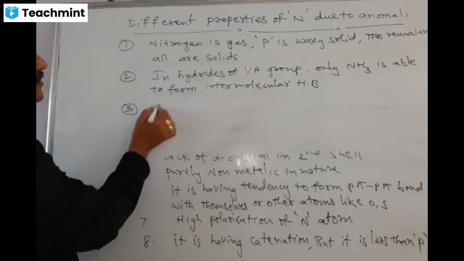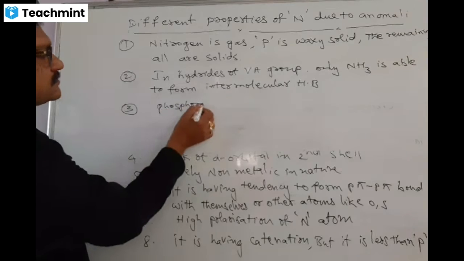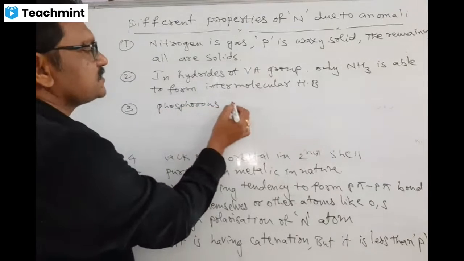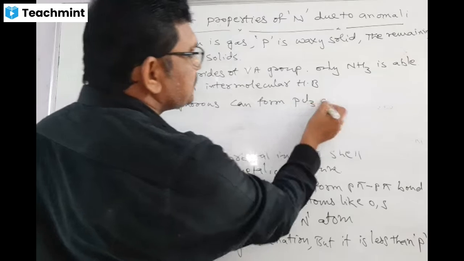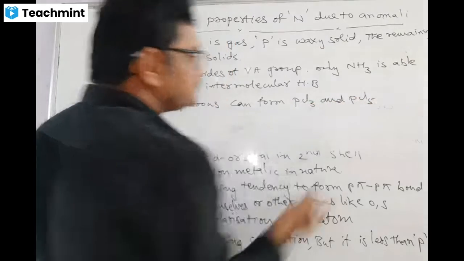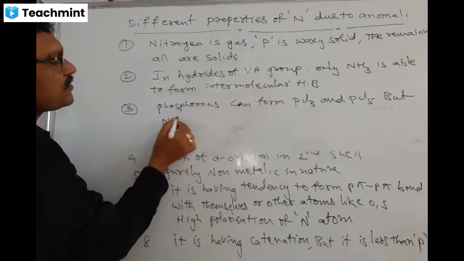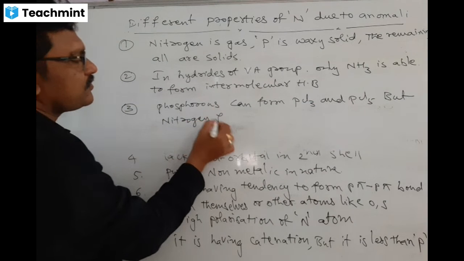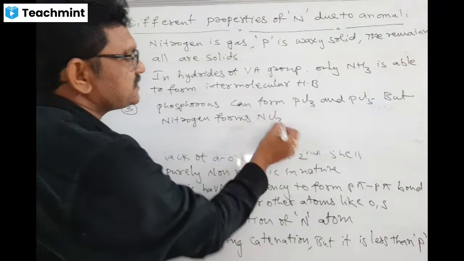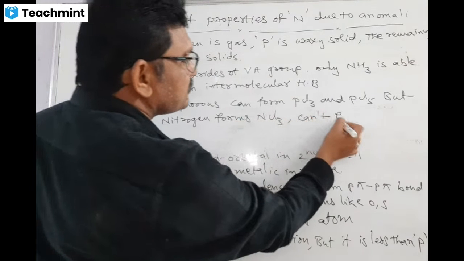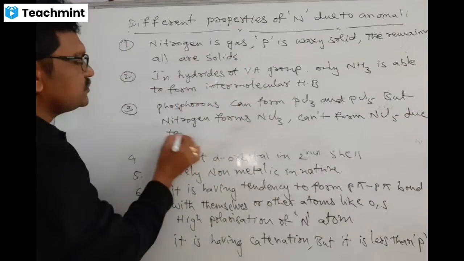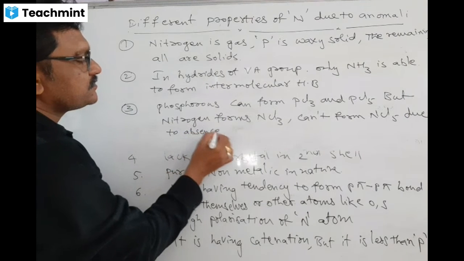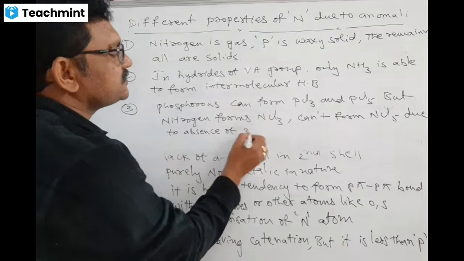Here, phosphorus can form PCl3 and PCl5, but nitrogen forms NCl3, cannot form NCl5, due to absence of 3d orbitals.